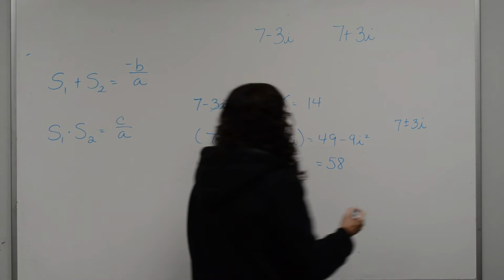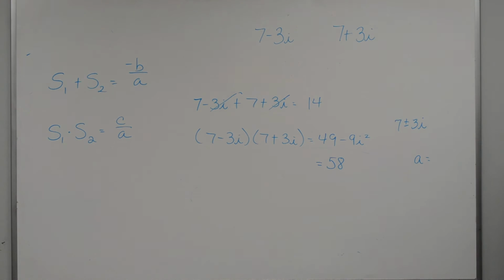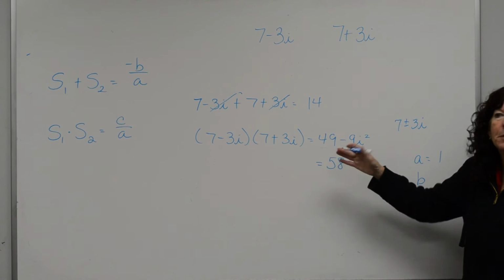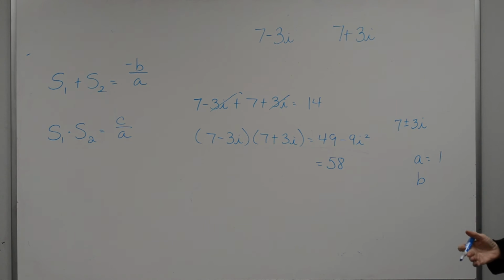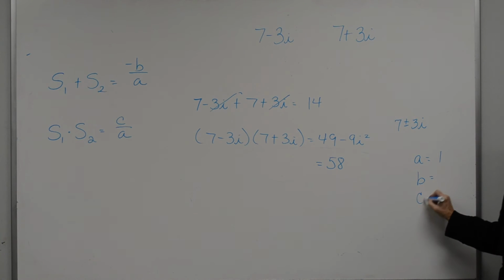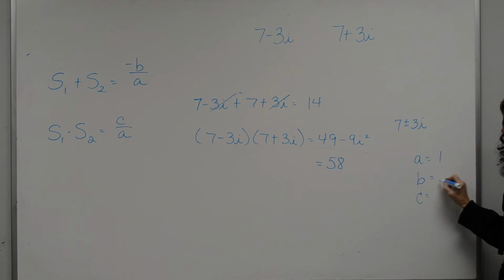So then when I come over here, what is my A? 1. If it's a whole number, remember it can be placed as a fraction by putting 1 underneath it. What is B? -14.